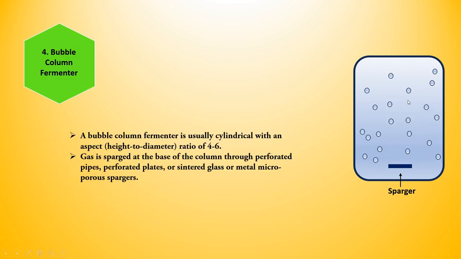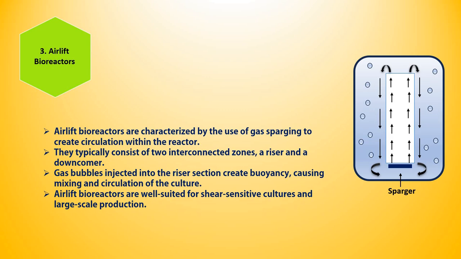But in the bubble column, there are no separate chambers. It is a single chamber bioreactor where the air bubbles come out from the sparger and cause a random movement within the bioreactor, and this random movement of the air bubbles causes a random circulating force. So the bubble column bioreactor is the simplest form of air-lift bioreactor. And another thing is that at present, in several cases, air-lift bioreactors are very popular for industrial purposes.